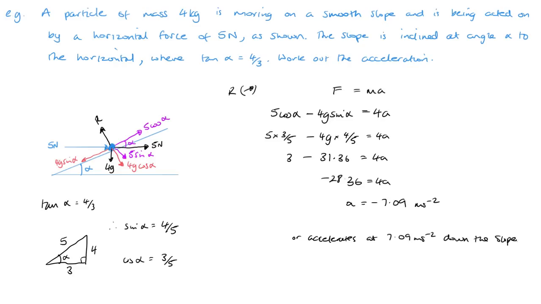If I was going to try and resolve this one from the particle, it would have been a lot harder to think it through. So when you've got a force pushing against the particle, take it to the other side as if it's pulling. And that way then it's easier to resolve your forces.